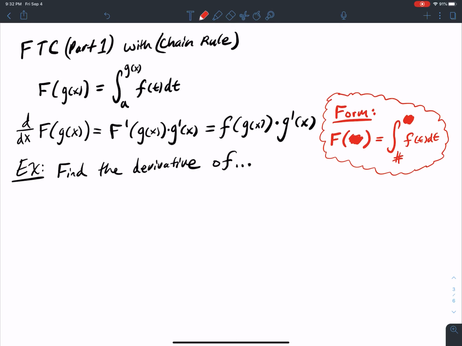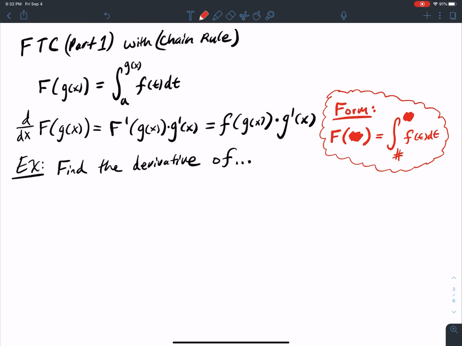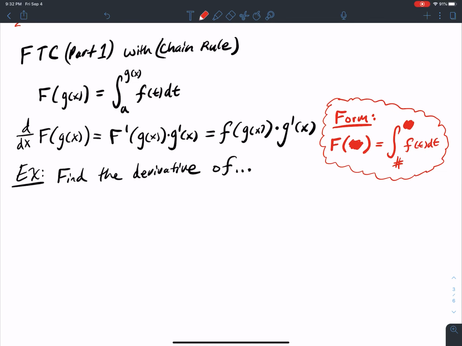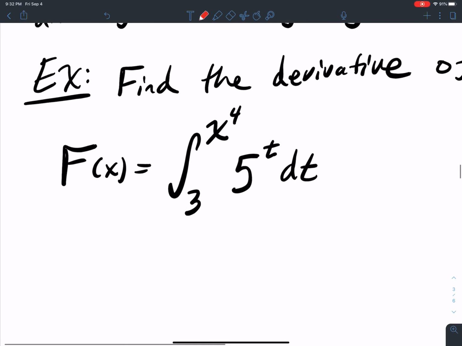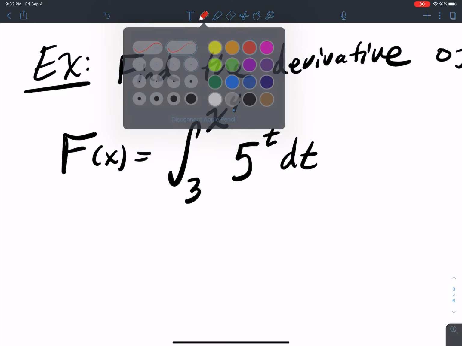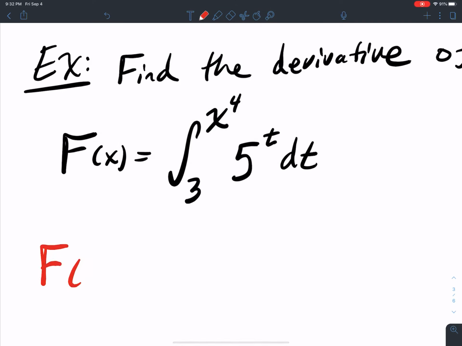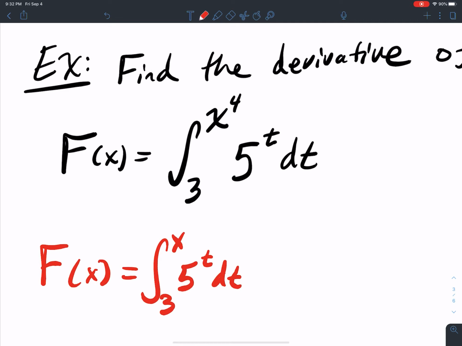All right, so giving you a concrete example here, because that might be a little abstract, let's take this right here. So what's different about this problem than another problem? In a previous problem, we would have had something like capital F of x equal the integral from 3 to x of 5 to the t dt, right?